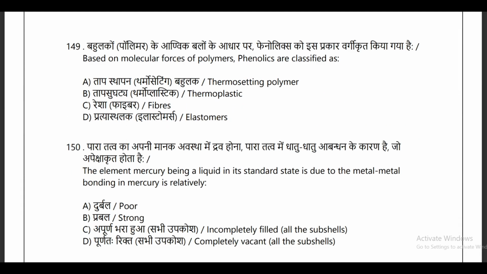In the next question, based on molecular forces of polymers, phenolics are classified as? The correct answer is thermosetting polymer, which is option A. Phenolic resins are also known as phenolics.